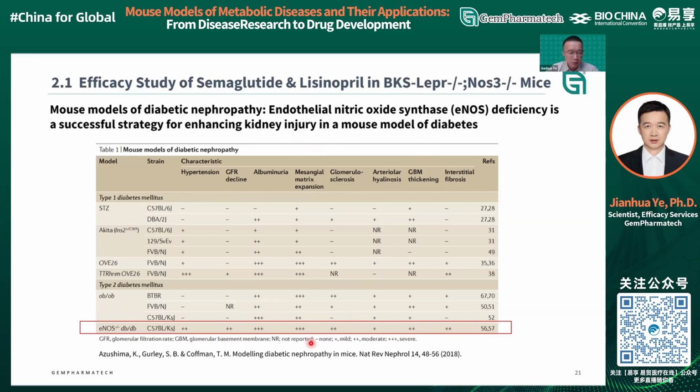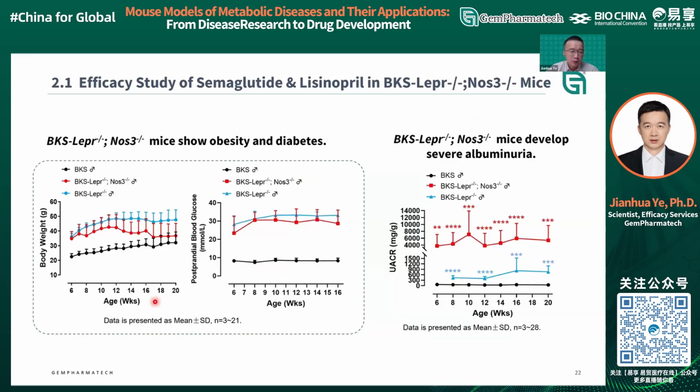So we believe that the db/db plus eNOS knockout mice is a very good model for diabetic nephropathy. And from our data, we also get the same conclusion.